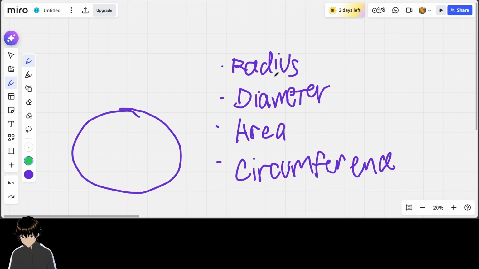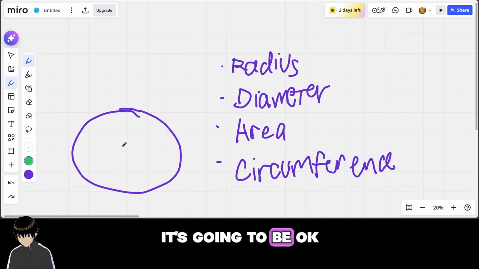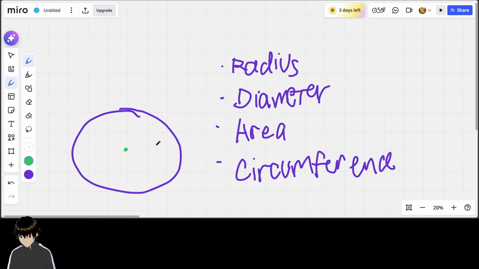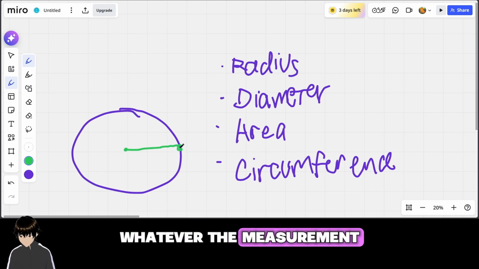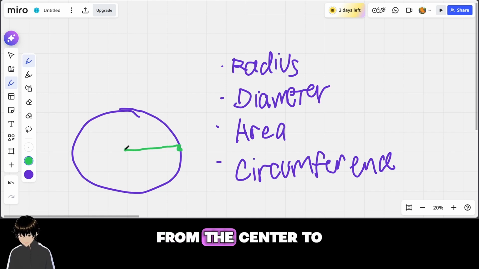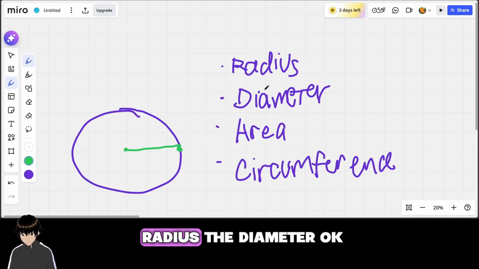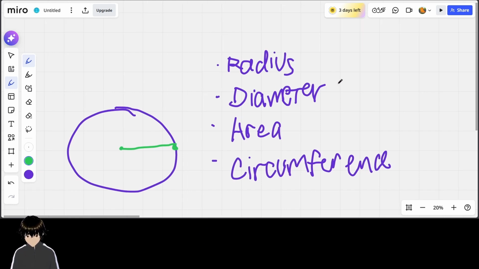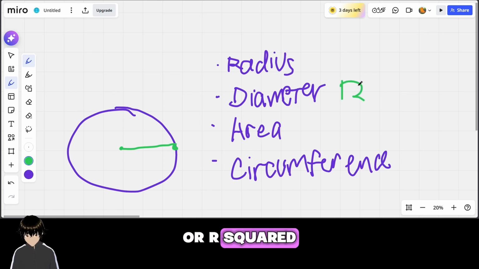So we can denote these into formulas. The radius is just whatever the measurement is from the center to this point or to that point. The diameter would be 2r, or r squared.